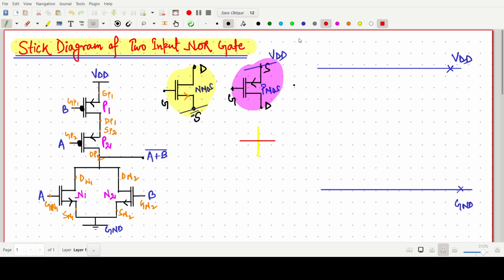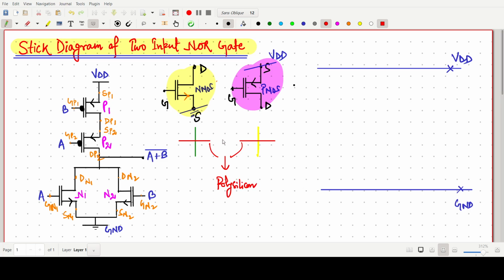Similarly for the other one, there will be a green line and then after that a red line. So this will be the polysilicon. This should be our polysilicon line.